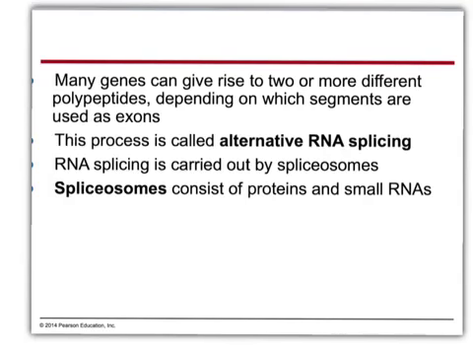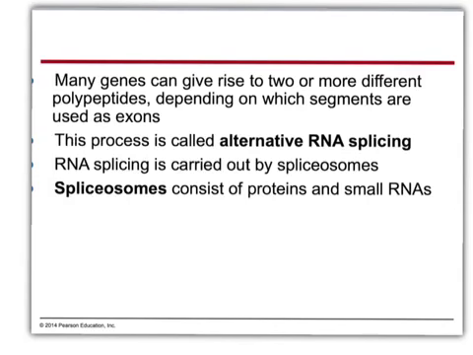So we have reading frame, and we have what's also called alternative splicing. Because if I go back here, it gives one gene multiple functions and multiple proteins. Okay?